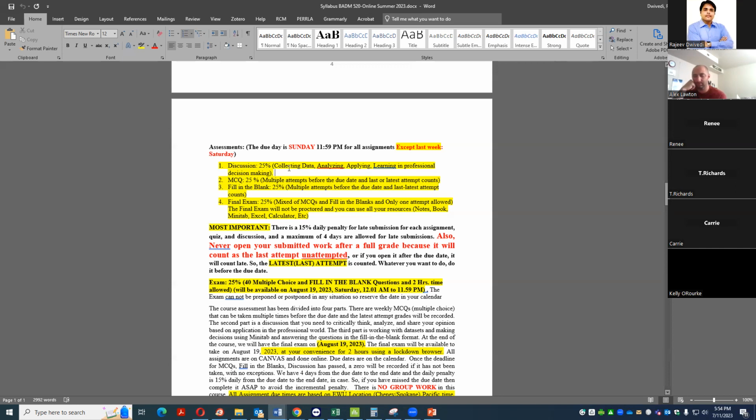For the discussion, I'm not hard and fast about the Wednesday deadline, that the first post has to be posted on Wednesday. But before the due date, if everything is done, you need to reply to other students and their postings or their opinion. So everyone can get 100% here if they can be logical and use some numbers.